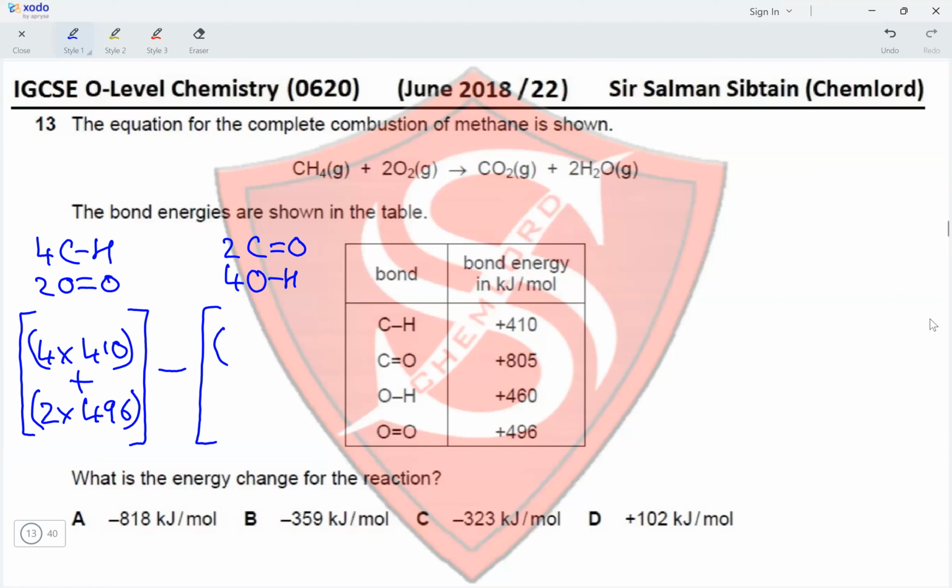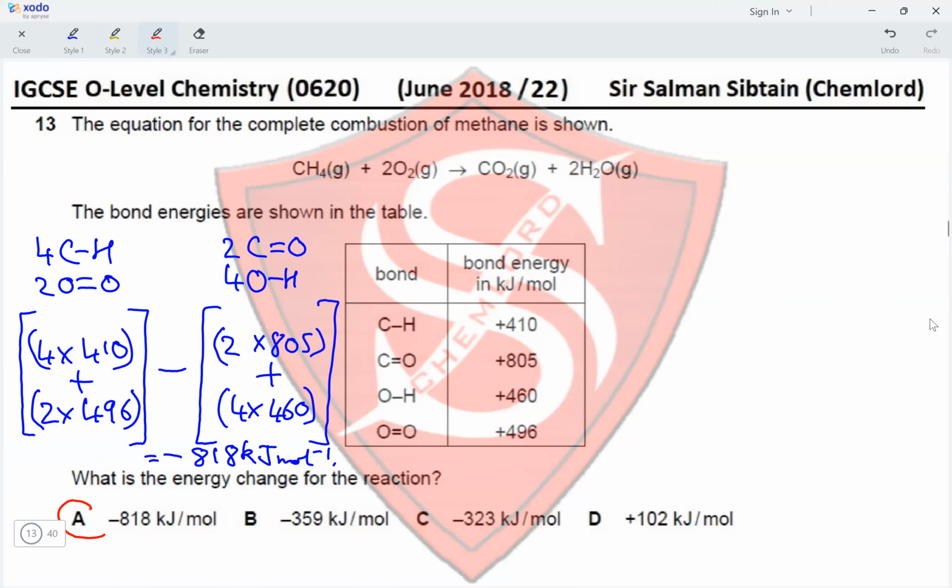So the bond formation includes 2 C=O bonds, so 2 into 805, and also 4 O-H bonds, so 4 into 460. So when we calculate this, we end up with a value of minus 818 kilojoules per mole, which makes option A the correct option for this question.